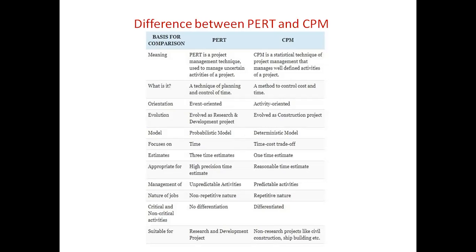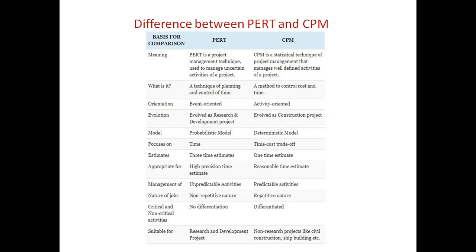The most likely time element is the average time element, fixed by considering the data from previous projects. That is called the most likely time. So most likely time means what?